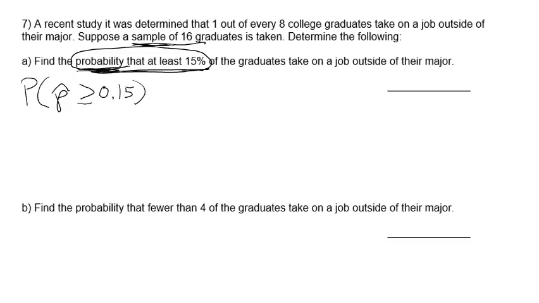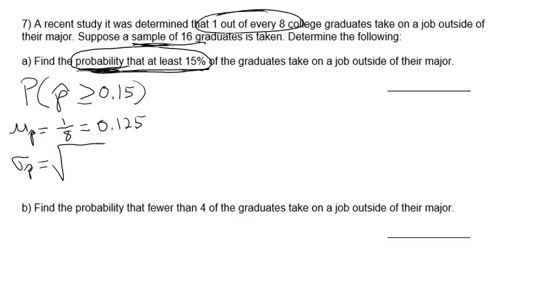Now that I've identified the problem, I know I need to get to the table. The mean of the sample proportion is that of the population, which is 1 out of every 8, which is 1 over 8, which is equivalent to 0.125. The standard deviation for the sample proportion is the square root of p times 1 minus p over n.